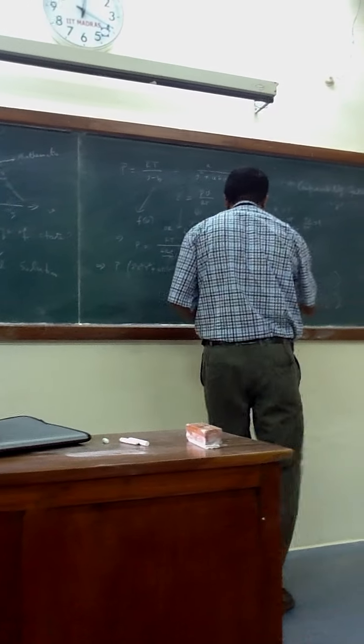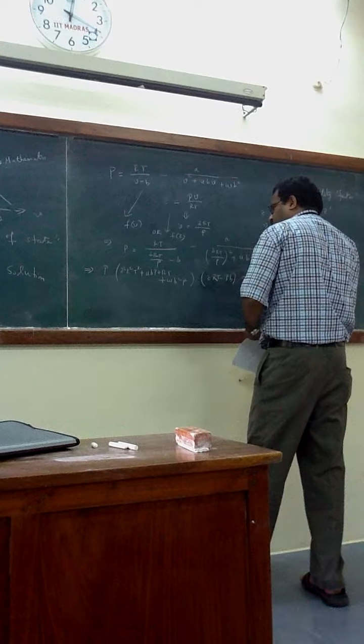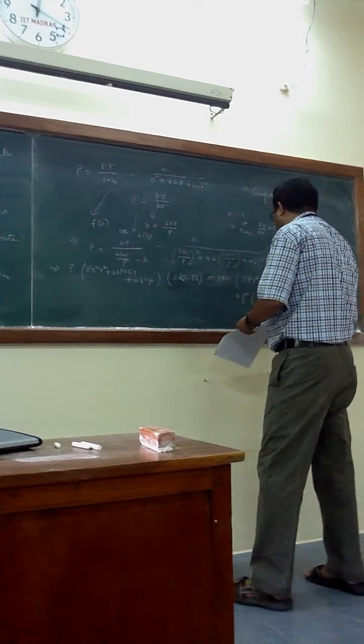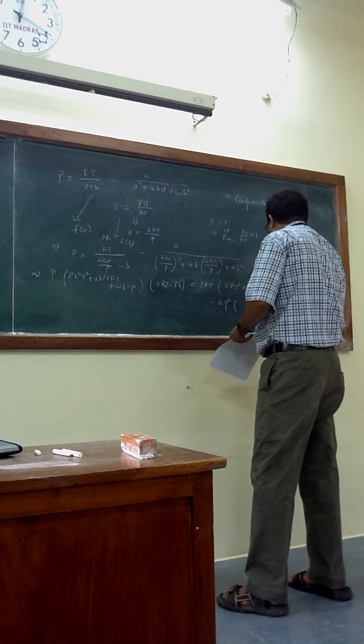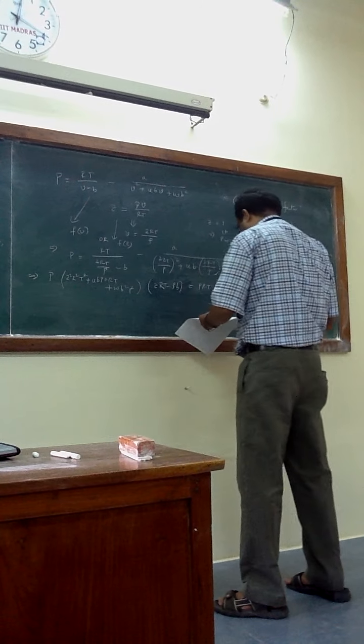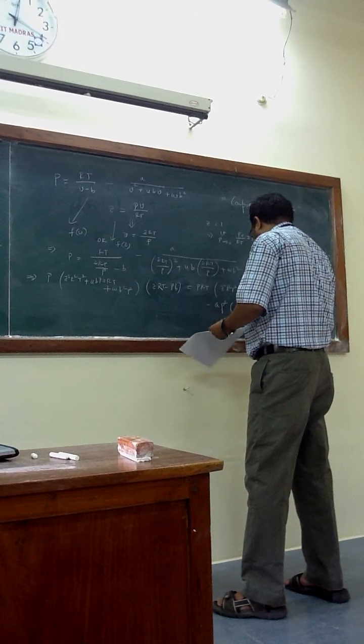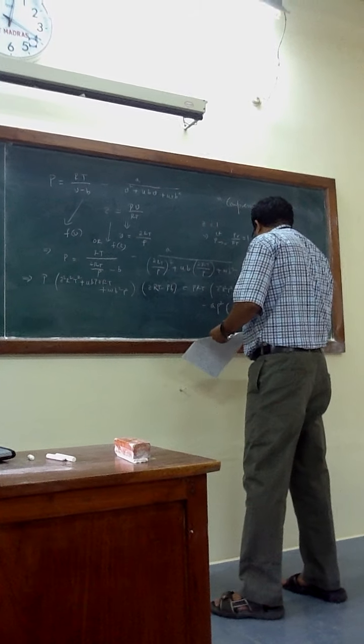Same terms. So Z square R square T square plus UBP Z RT plus WB square P square, and AP square will be Z RT minus PB.